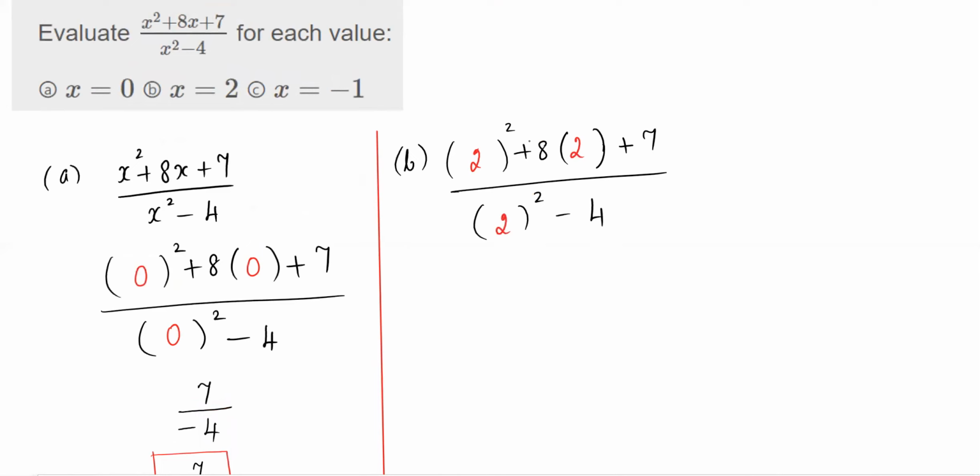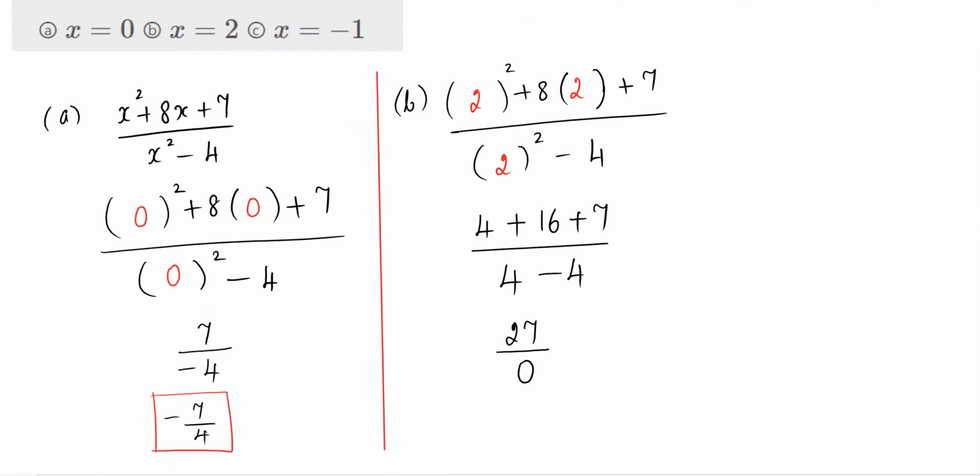Okay, PEMDAS again: parentheses, exponents, and so on. So 2 squared, 2 times 2, is 4, and 8 times 2 is 16, plus 7. Then minus 4. So that's going to be 27 over 4 minus 4, which is 0.